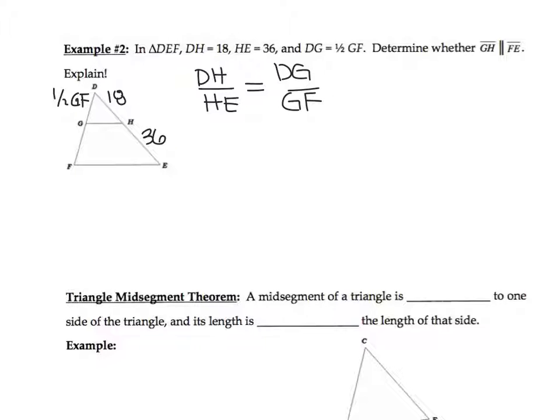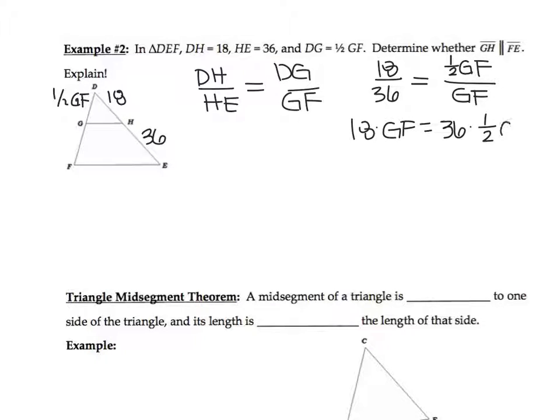So we know DH is 18. We know HE is 36. And while we don't have a length for DG, we know it is 1/2 of GF. So we can replace it with 1/2 GF over GF. Using our cross products, we get 18 times GF equals 36 times 1/2 of GF.